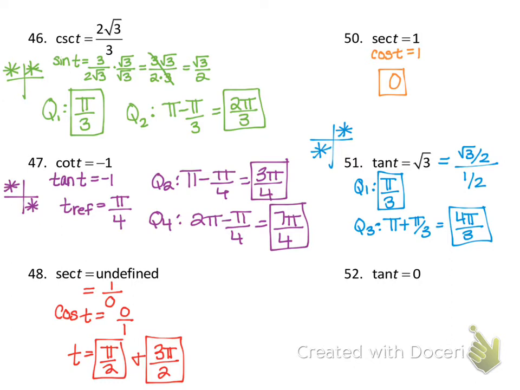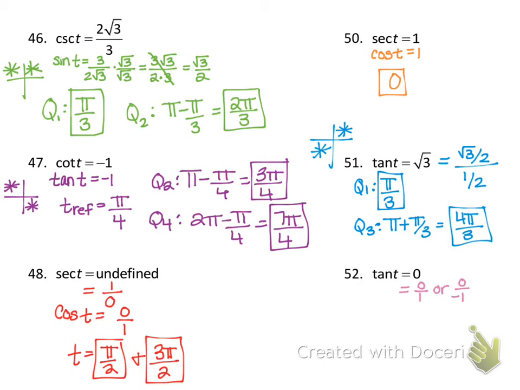Okay, and our last one is where tangent is 0. So tangent can be 0 in two separate places. We can have that be 0 over 1, or we can have 0 over -1, because both give us 0. So the two places where we're going to have tangent equals 0 is when we have sine being 0, because tangent is sine over cosine.